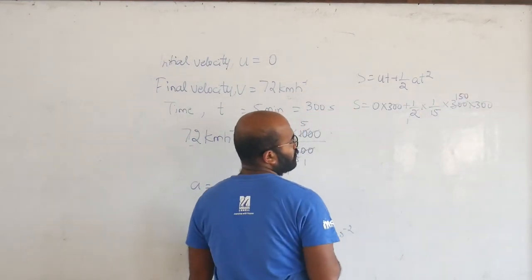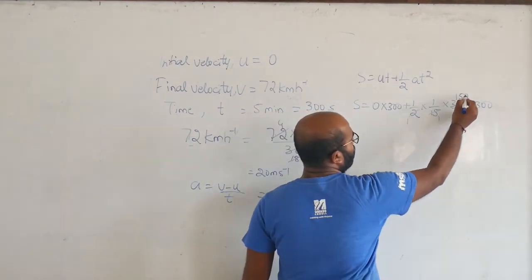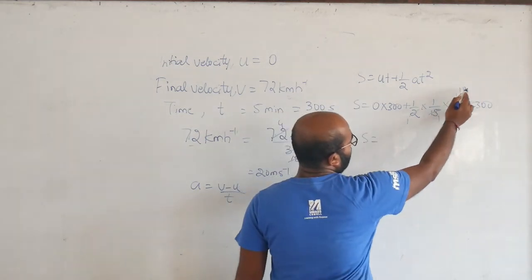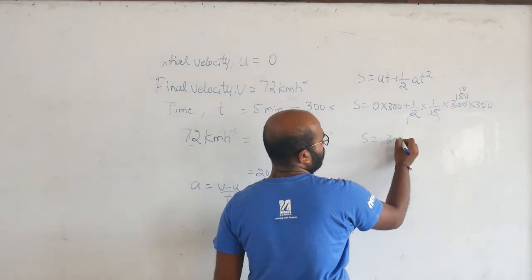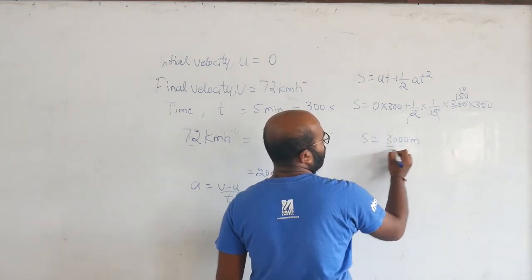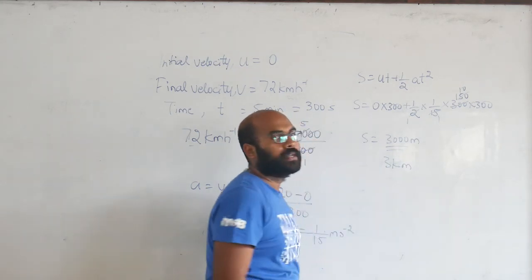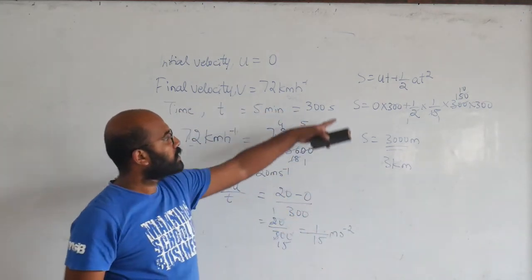So what you get is 10 into 300, that is 3000 meters, which is nothing but 3 kilometers. This is using this equation.